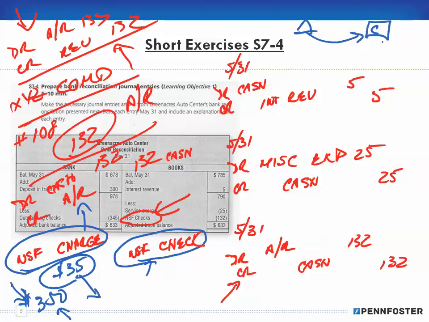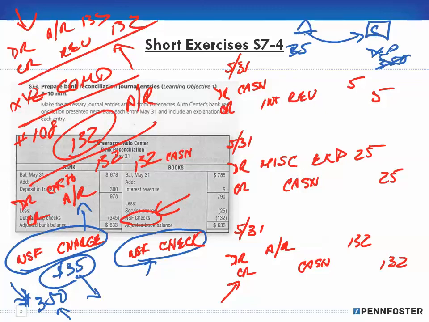When you send them the check, that customer is going to deposit that $350, and when it bounces, the bank is going to charge you an additional $35 because of that bounced check.